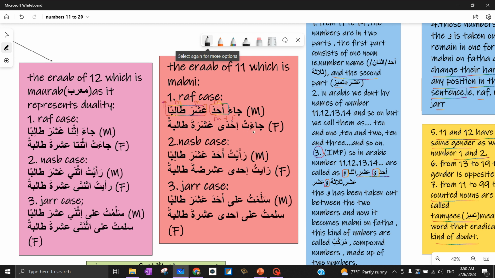No opposite genders. In this case, feminine ihda. Now ahada is used for male. Ihda is used for the feminine number. Now the first part is feminine because this is 12. Asharata talibatan. The second part is also feminine. No opposite genders are used here.